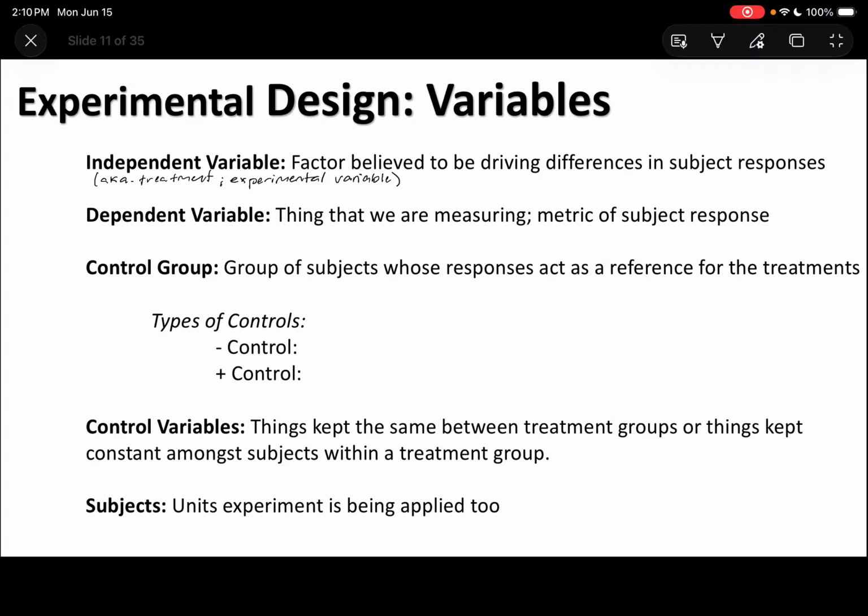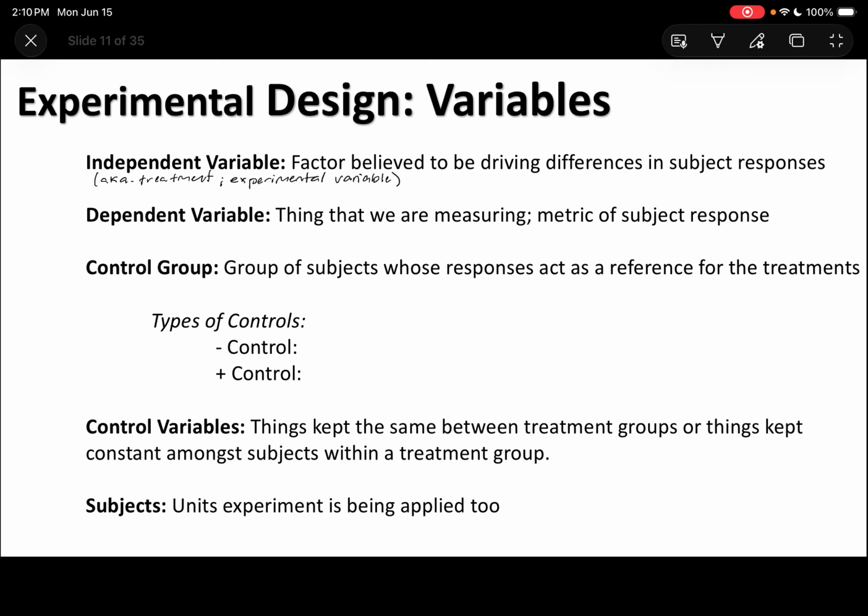Regardless of what name it goes by, basically the independent variable is the factor that we believe is the driving difference in the way that subjects are responding. So this is the main factor that we are manipulating from one subject to the next, and we think that it's going to have an influence on something that we measure amongst those subjects.